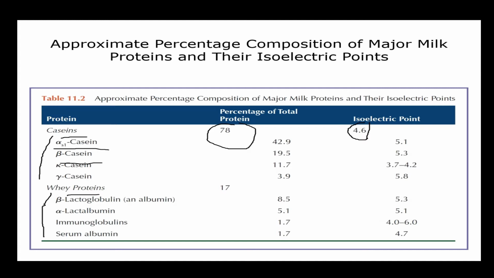I'll show you a picture where the milk reaches its isoelectric point on the addition of some citric acid or any acidic solution, so that the milk coagulates, and the rest we get is the whey protein. The whey protein percentage is around 17%, and it includes beta lactoglobulin, alpha lactalbumin, immunoglobulins, and serum albumins.